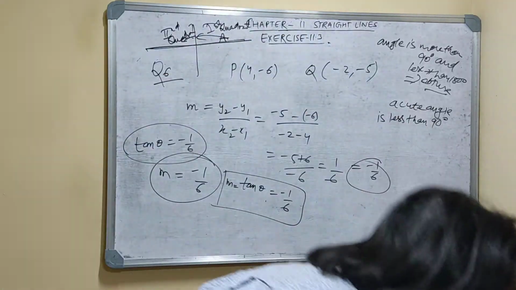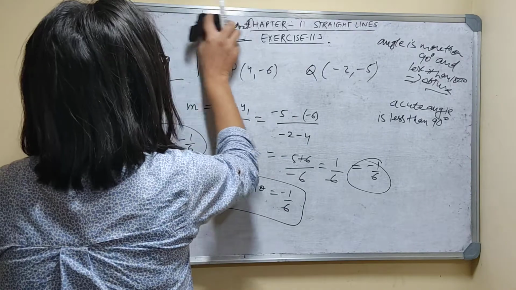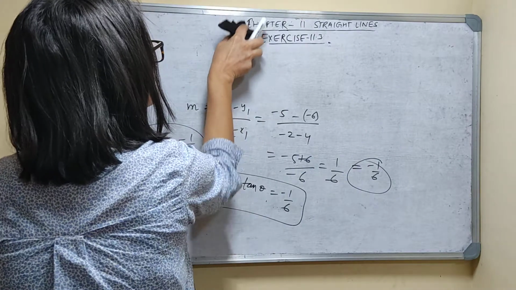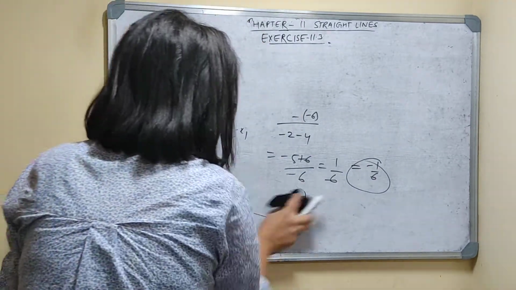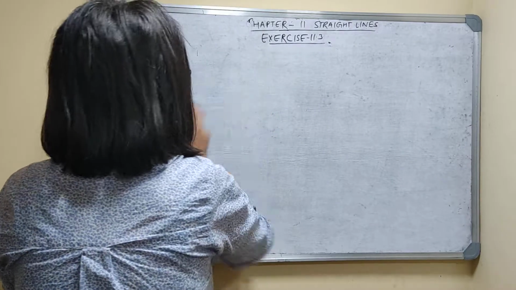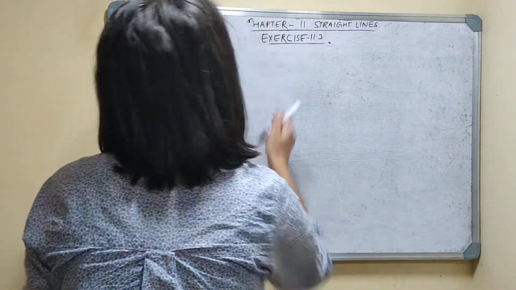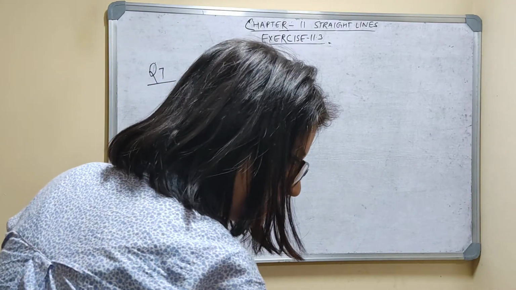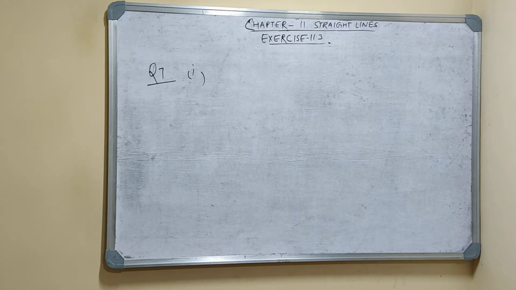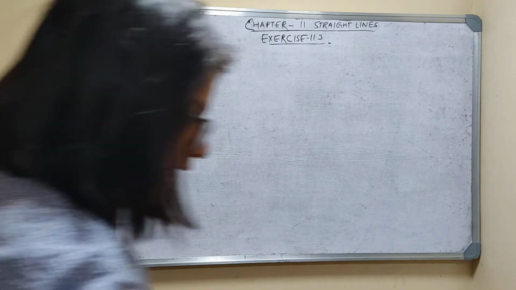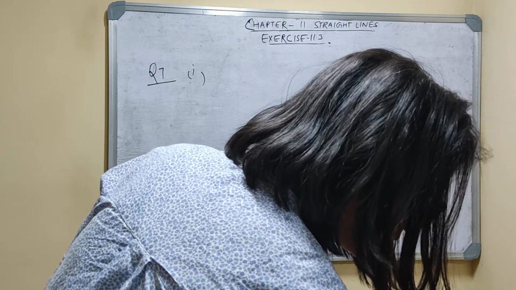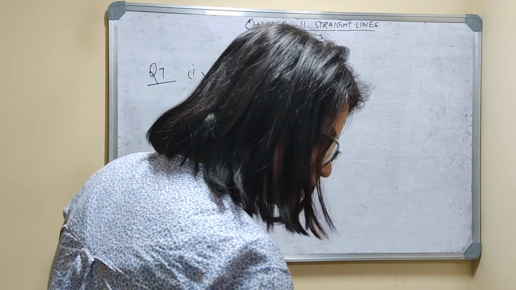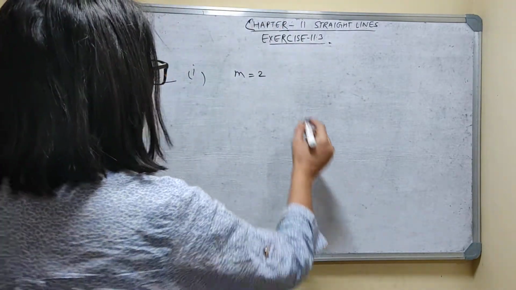Now question number 7, first part. Determine x so that 2 is the slope, m is equal to 2, of the line through the points 2, 5 and x, 3.